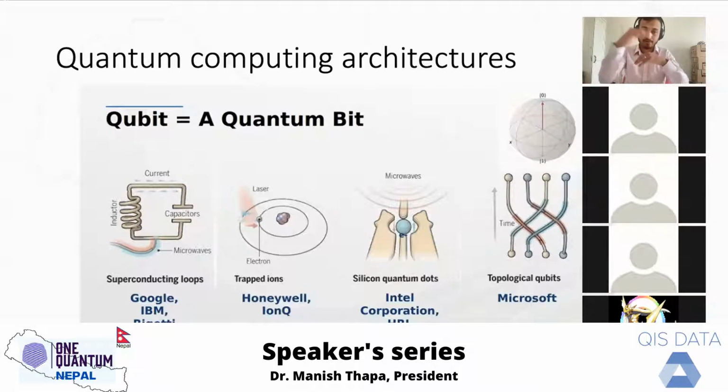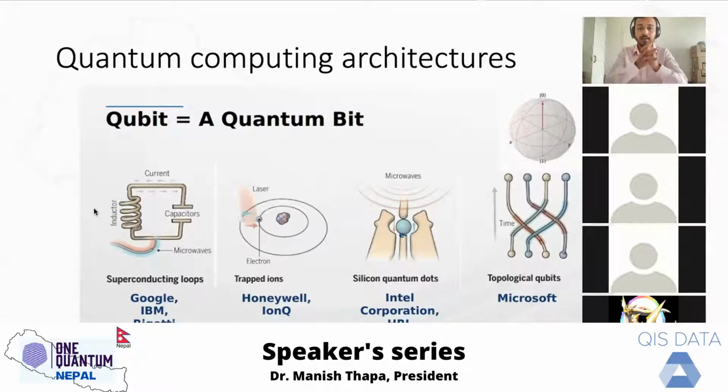Ions have energy levels, and you can define qubits out of the states of ions, and you can manipulate them using lasers, laser fields. Here we manipulate the superconducting qubits using microwave pulses, in the microwave domain of the electromagnetic spectrum.